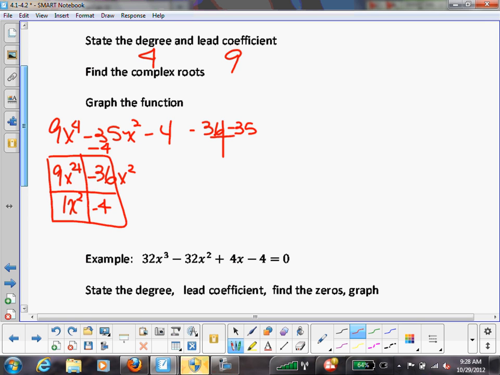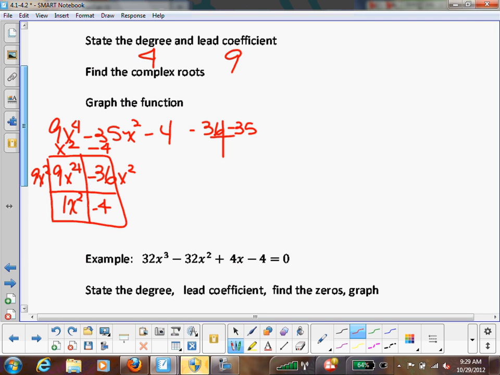What do I pull out here? x squared. What do I put out this way? 9 and 36. 9x squared, wouldn't you agree? Because x to the fourth and x squared can pull out an x squared. And of the factors 9 and 36, 9 is common to both. You can't forget how to factor.